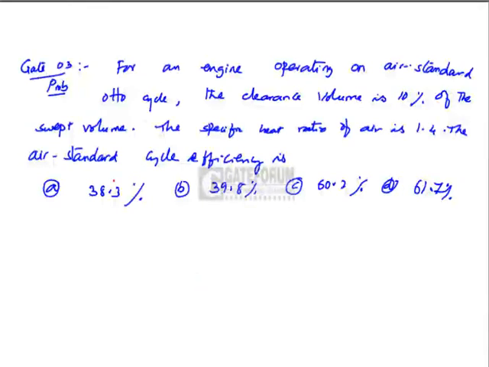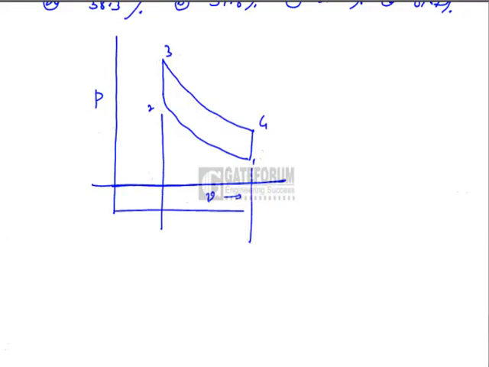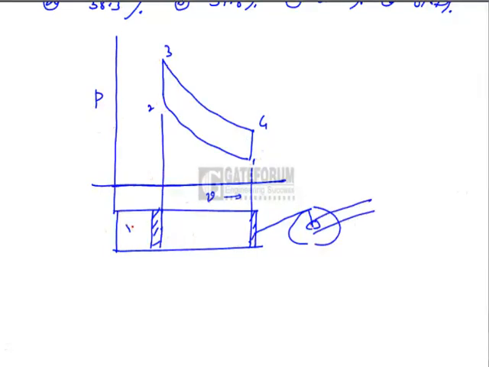Now let us draw the cycle. One, two, three, four. If we indicate it parallelly on a reciprocating IC engine or petrol engine or spark ignition engine, this V2 is Vc, the clearance volume.